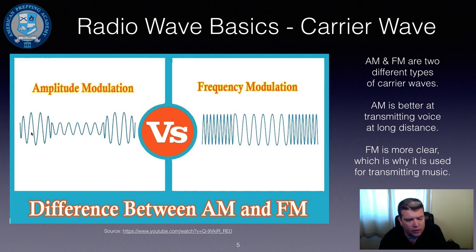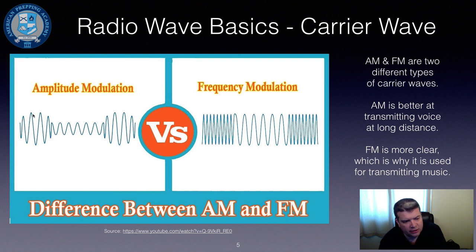So when we look at the wave style here, you can see with an AM wave, what they do is they modify the wave to increase or decrease the modulation. Remember we were talking about the height of the wave, excuse me, the amplitude.